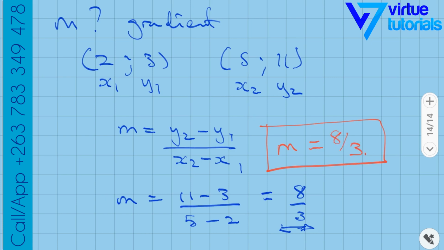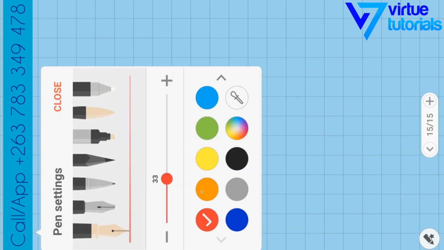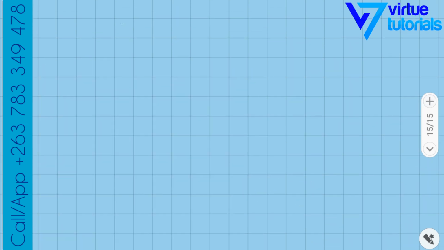Now that we know our gradient is 8 over 3, we started off with this equation, y is equal to mx plus c. But in the process of calculating, we found the actual value of m. So we can substitute m with its actual value, which is 8 over 3.